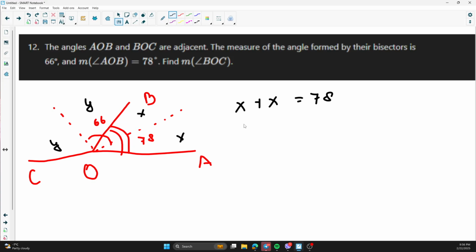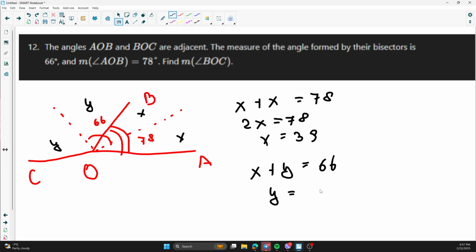So half of 78 is 39. And you also know that x plus y equals 66. So 66 minus 39 would give us 27.